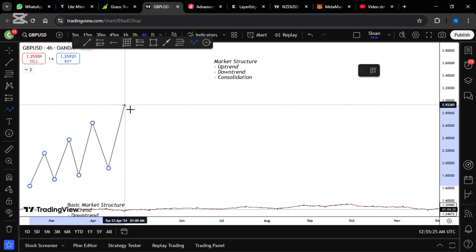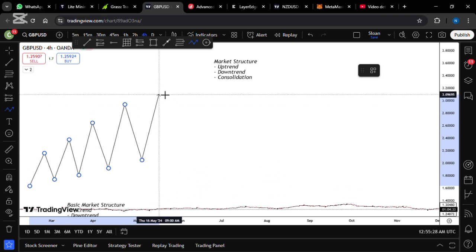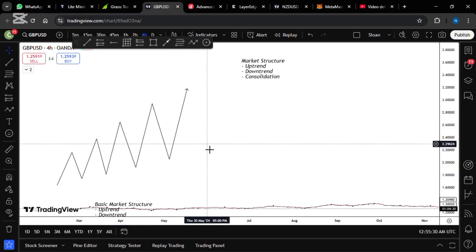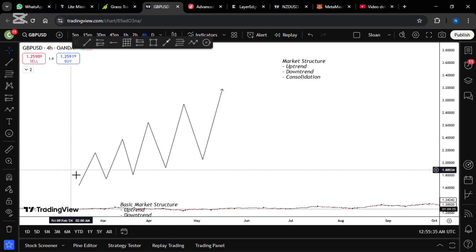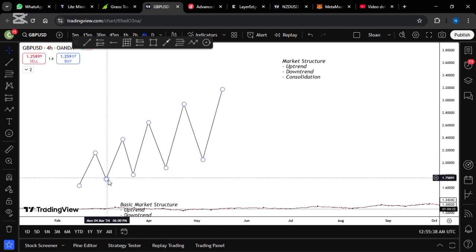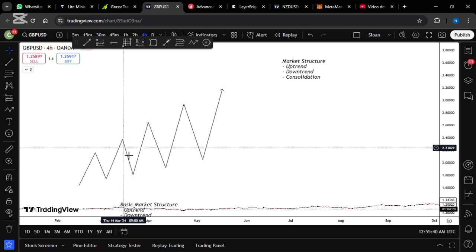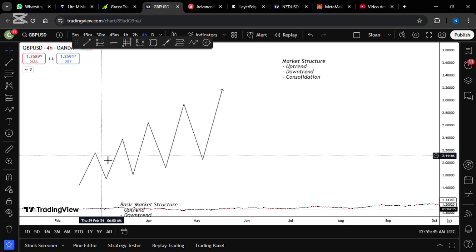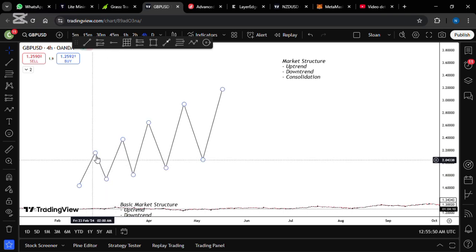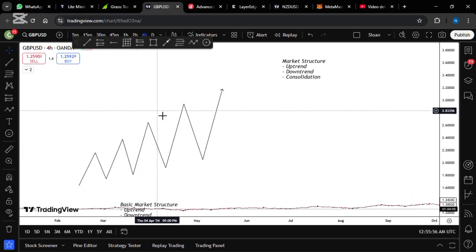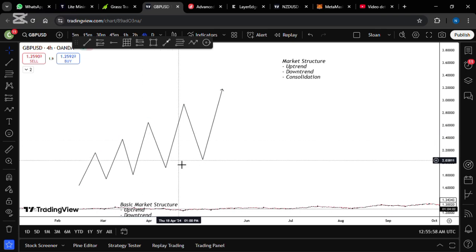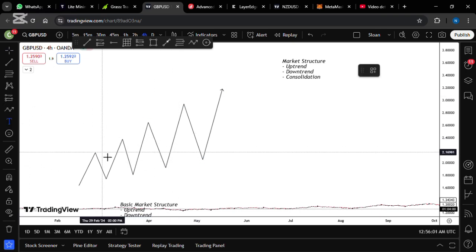This is what we call an uptrend, where the market here forms a higher high here, a higher low here, another higher high, another higher low, thereby breaking the structure at this area. It broke the last high, as in a situation where the market moves and takes out the previous high, creating a new high, and then a correction, and then goes again to take out the previous high, creating a new high, forming what we call a higher high and then a higher low.